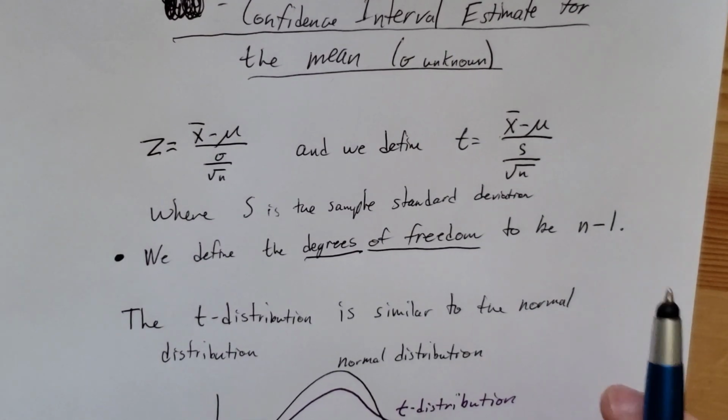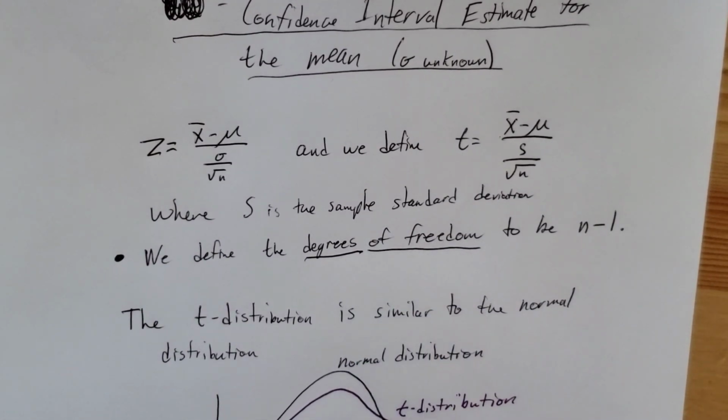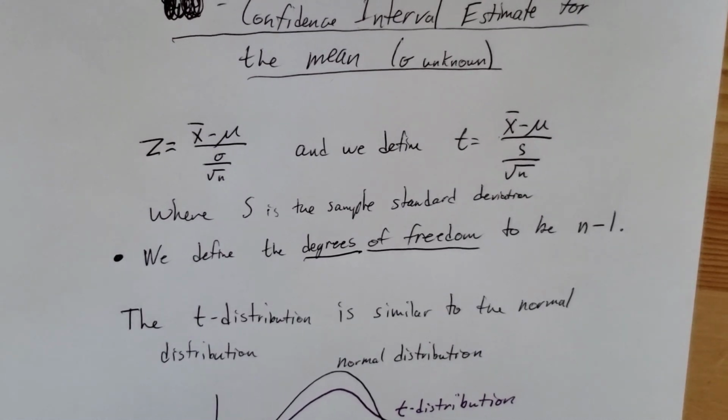If we're trying to calculate our sample standard deviation, then we have to calculate the variance before that, and then we just take the square root. Well, to calculate our variance, we must already know what the mean is. So what if we had 10 values that we were trying to sample, and we knew the mean already?